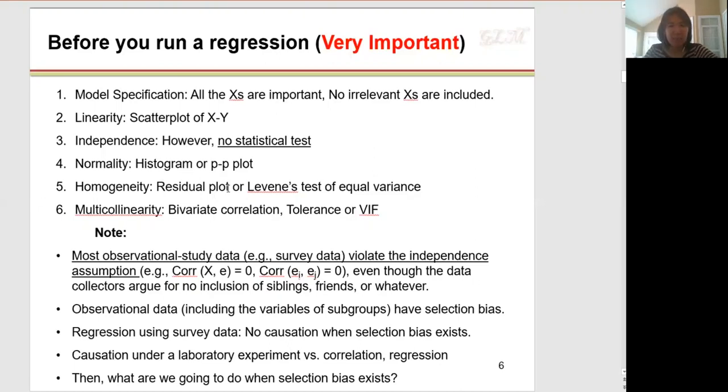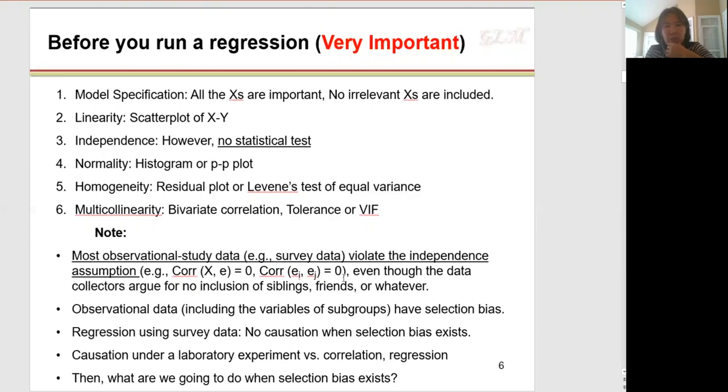Okay. All right. So note, most observational study data violate the independence assumption. In other words, selection bias exists. So here, the correlation between an X variable and a residual equals 0. The correlation between residual 1 and residual 2 equals 0.